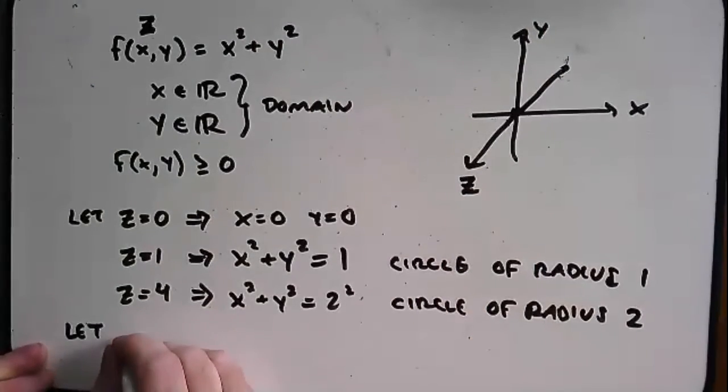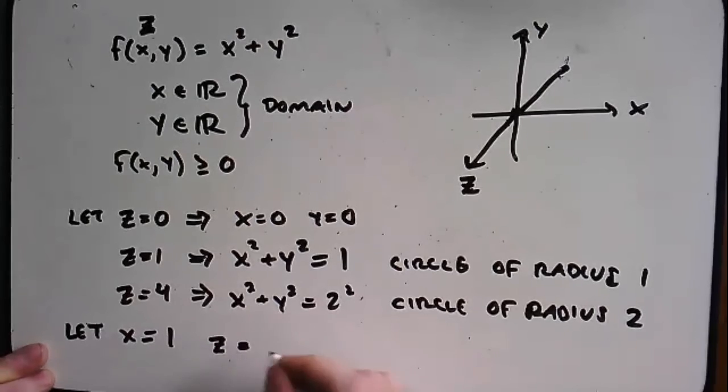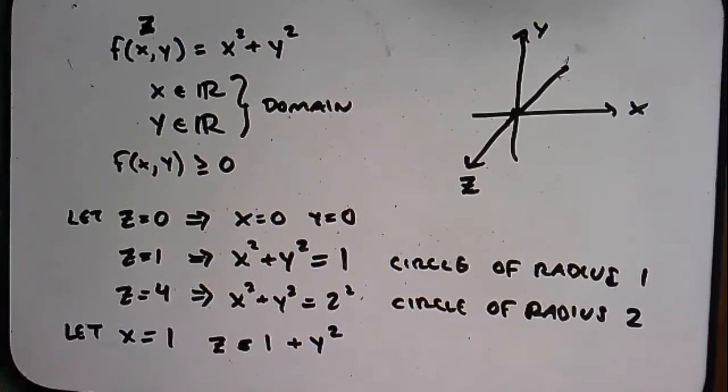So if we let x equal, let's do x equals 1. So if x equals 1, then z equals 1 plus y squared. Okay, well, we kind of know what this looks like. If this was y equals 1 plus x squared, we know that that's a parabola in the xy plane. Well, z equals 1 plus y squared, that's also a parabola, but it's in the yz plane.